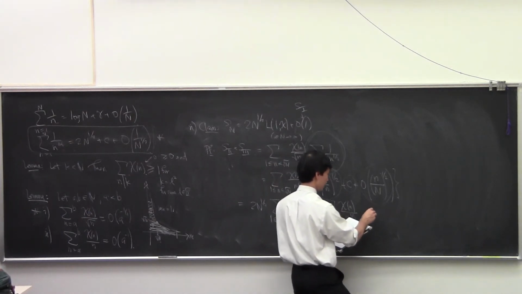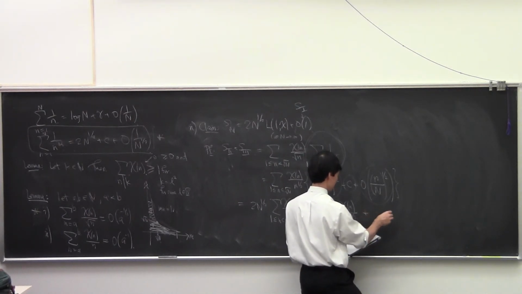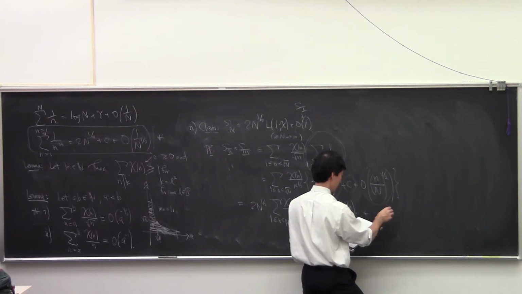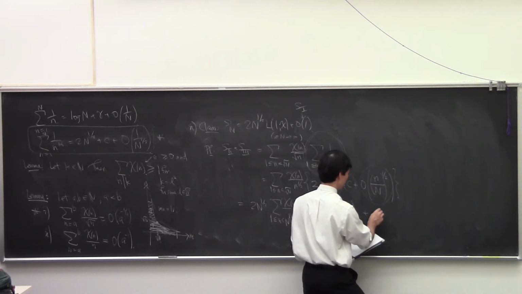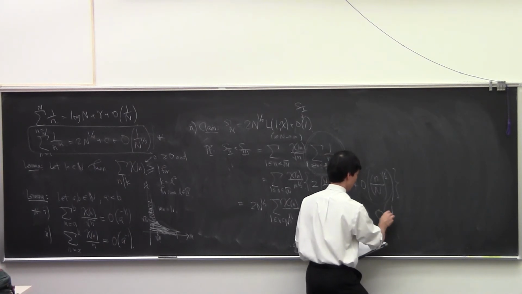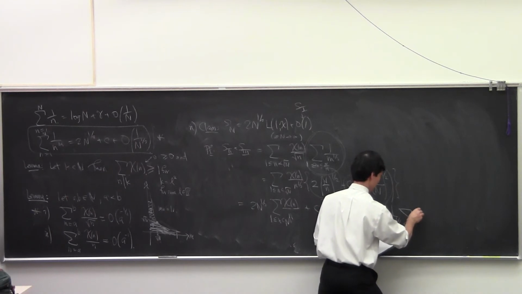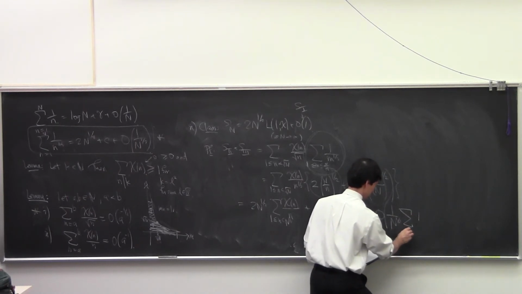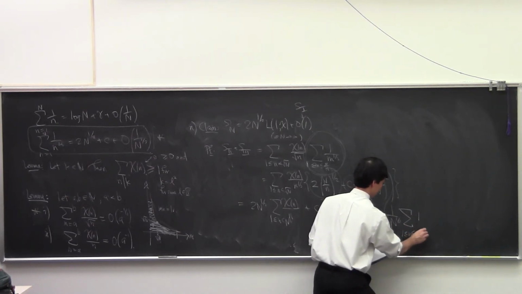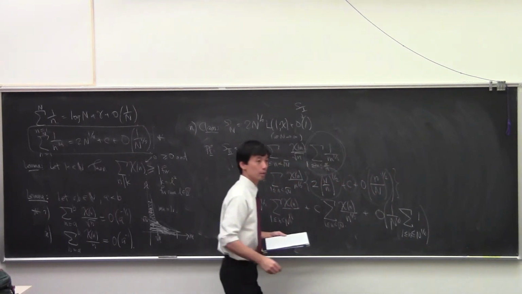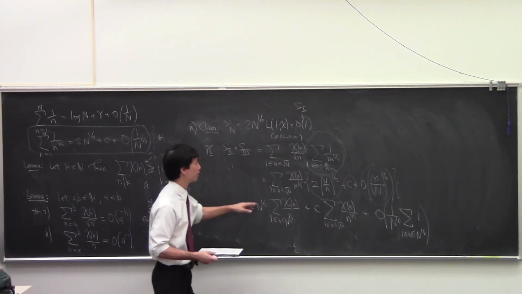And then we get something O of 1 over n to the half times the summation.